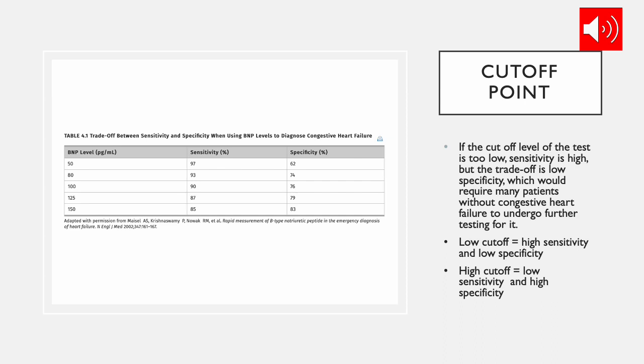Let's talk about cutoff point in relationship to high or low sensitivity and specificity. Here you have an example of a BNP, and this BNP value, say 50, has a sensitivity of 97% and a specificity of 62%.